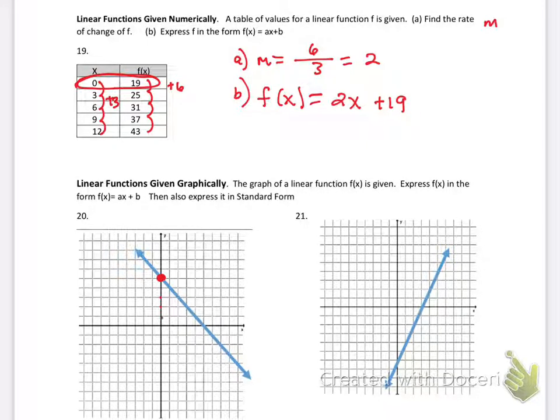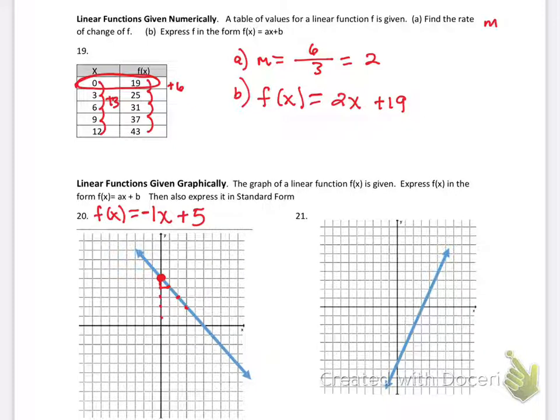And then it looks like down 1, right 1 to my next point. Okay, so my slope, if I'm going down 1, right 1 every time, f of x is negative 1x, or you can just write negative x. And then that starting point, 1, 2, 3, 4, was 5. So that's in slope-intercept form.